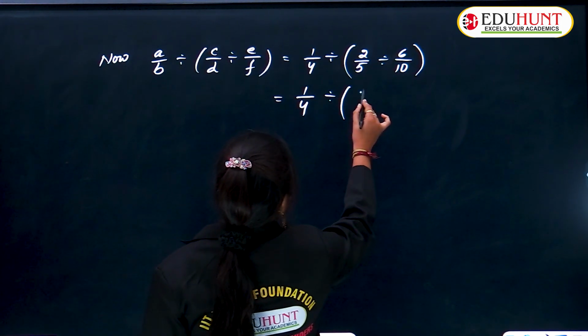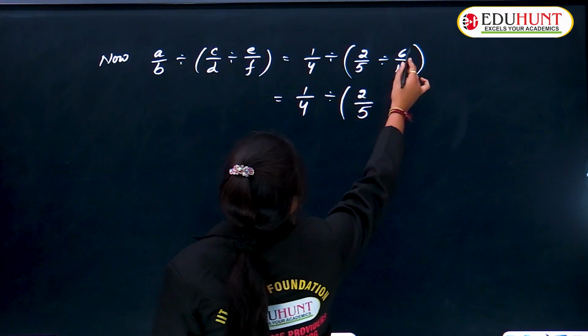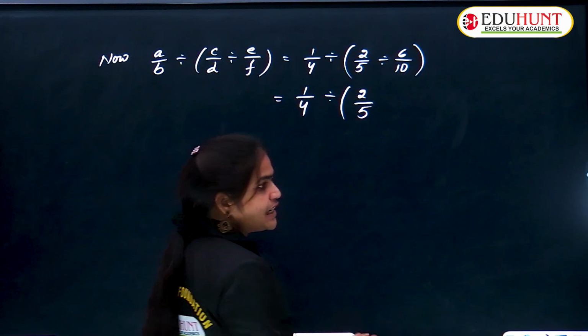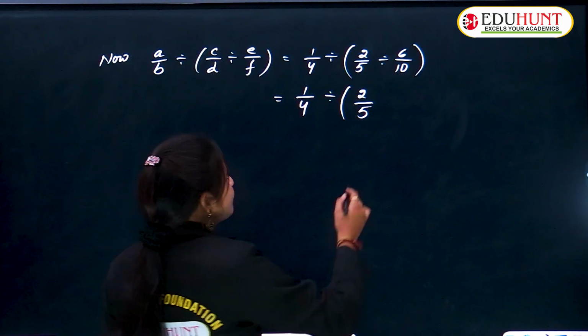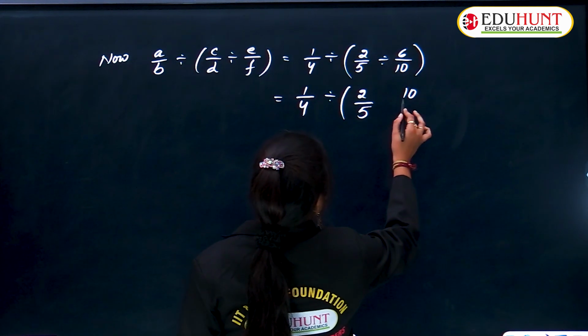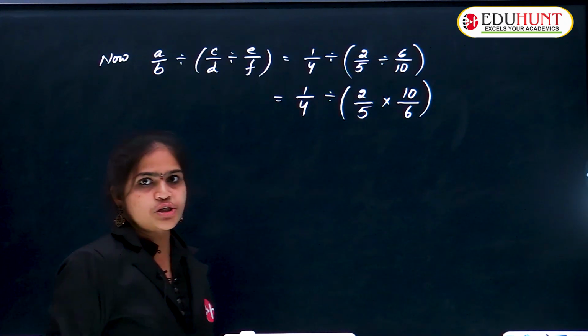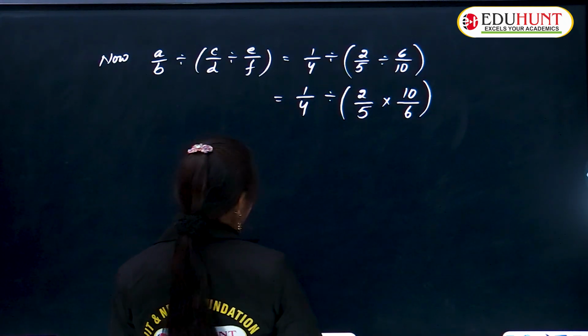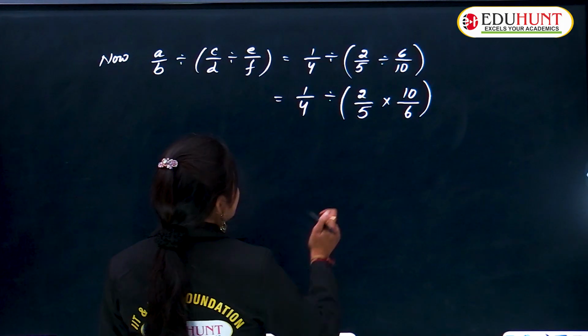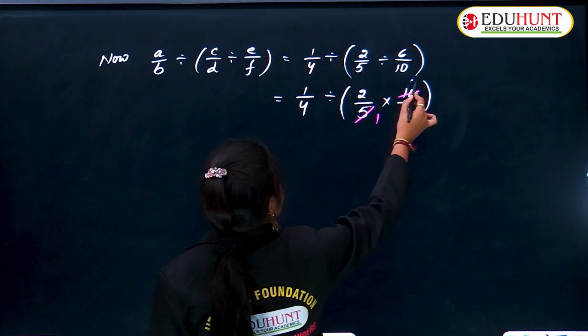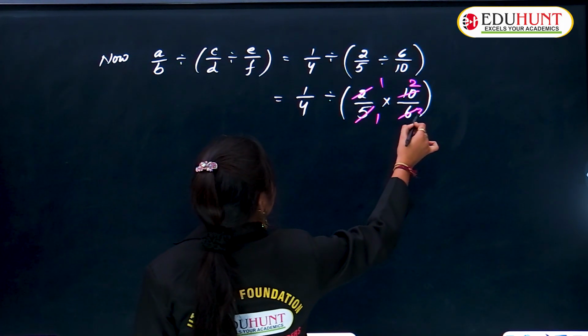First you have to change it, right? 2 by 5. Here the second one is a fraction, which means the denominator is also a fraction, no? So that's why the fraction becomes its reciprocal, 10 by 6, and division becomes multiplication. Okay ma. Now are cancellations possible, no? Yes, cancellations are possible. 5 ones, 5 twos, 2 ones, 2 threes.